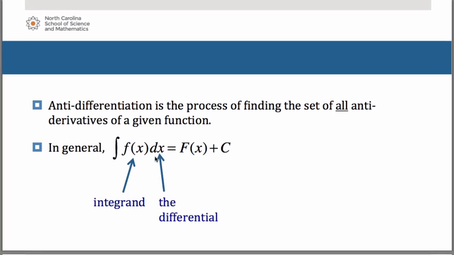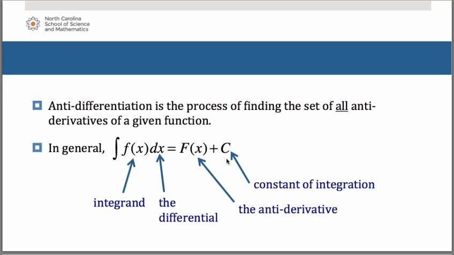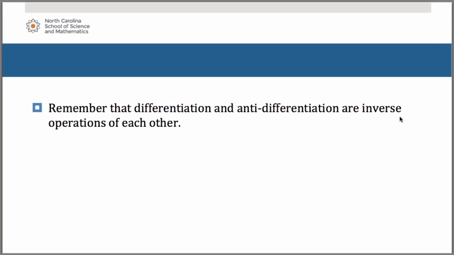The dx that you see there is what we refer to as the differential. It indicates the variable of integration. Capital F of x is the antiderivative. Finally, the plus c is our constant of integration. Remember how we said before that differentiation and anti-differentiation are inverse operations of each other.